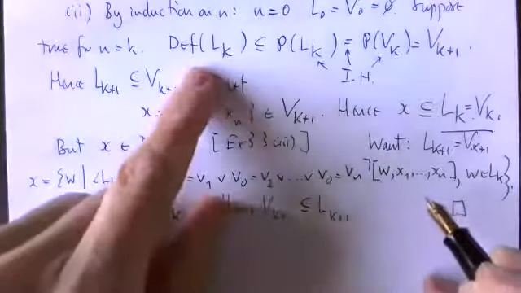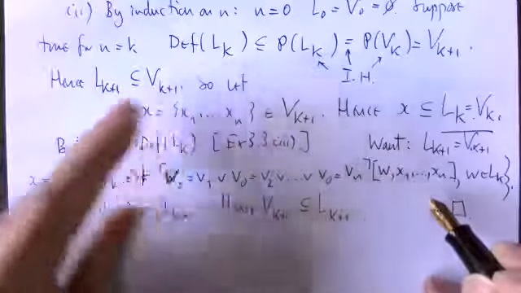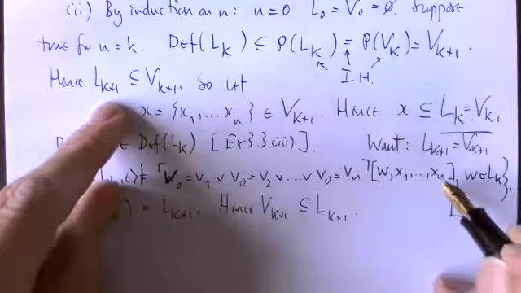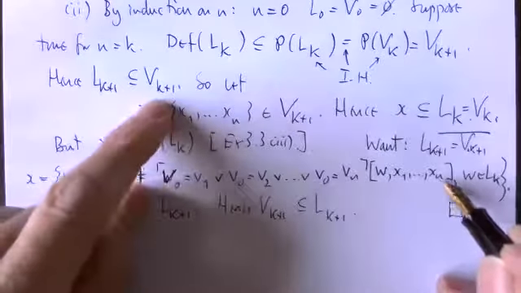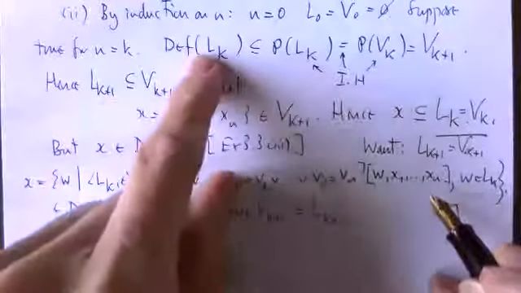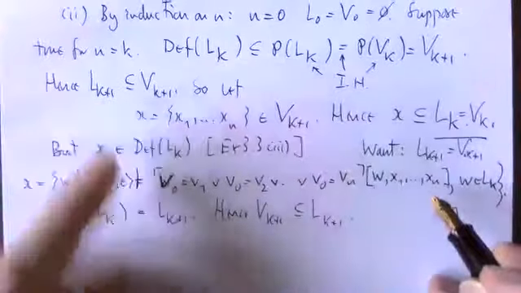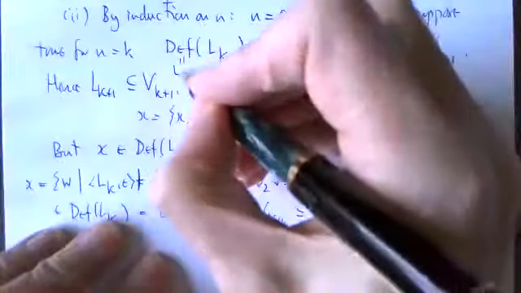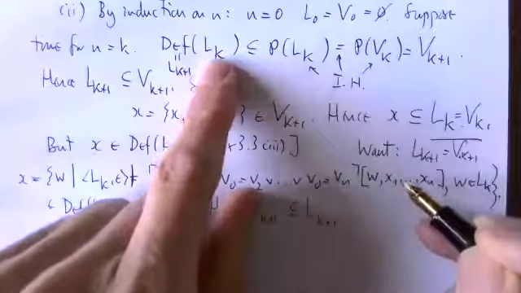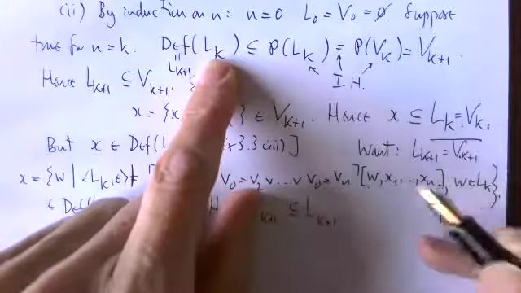So we're going to show, first of all, this direction, that Lk plus 1 is a subset of Vk plus 1. So Lk plus 1 is this, def Lk. Well, everything that's definable over Lk is a subset of Lk.